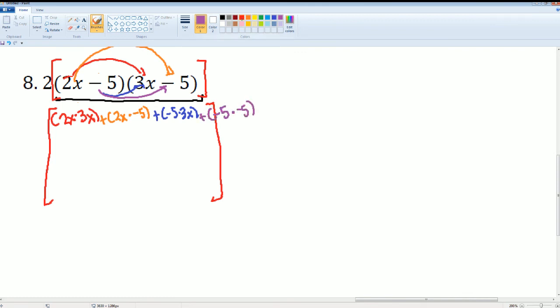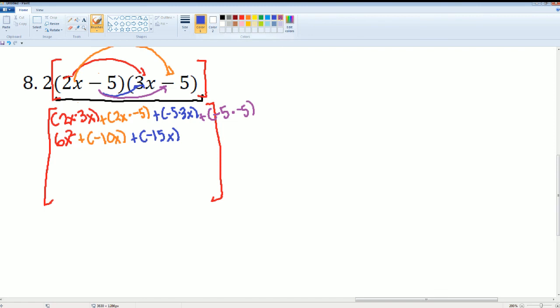Okay, let's simplify this. We have 2x times 3x, so that is 6x squared. The purple 2x times 5, that is your negative 10x. Add negative 5 times 3, so that's add negative 15x.